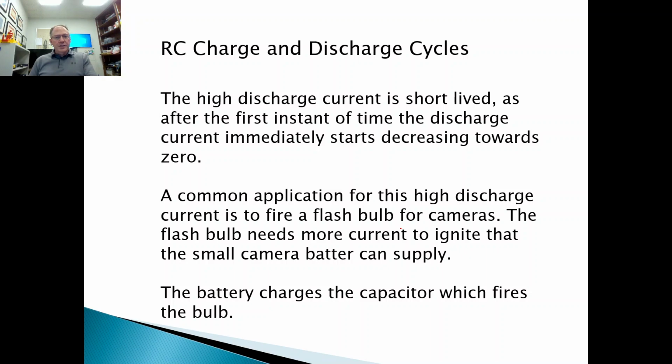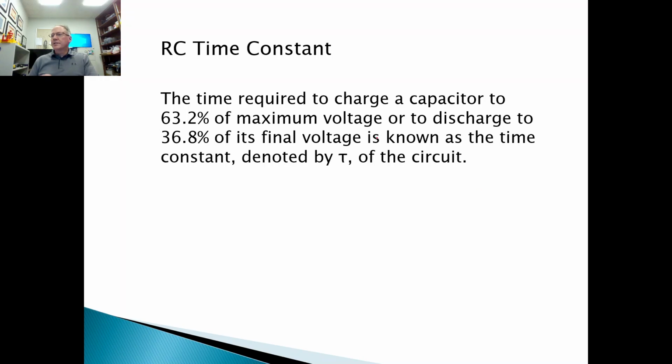So there's a capacitor in there, and you press it, and you normally would hear this, right, and it would snap off, which would then fire the bulb. Now, the time required to charge a capacitor to 63.2% of maximum voltage, or to discharge it to 36.8% of its final voltage, is known as tau.